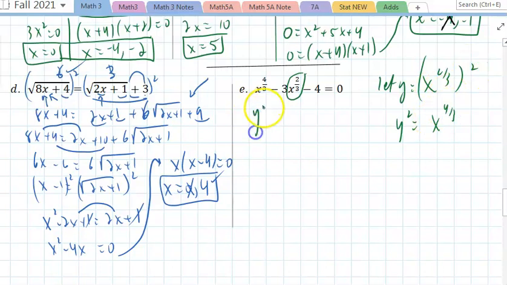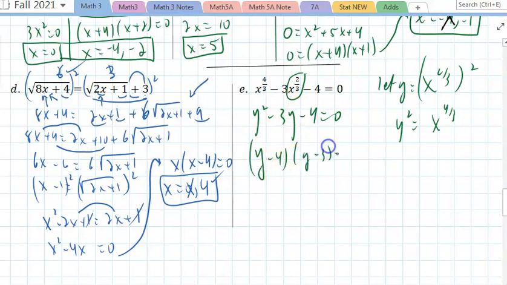So this is like saying y squared minus 3y minus 4 equals 0. This factors y minus 4 times y plus 1 equals 0. So either y equal 4 or y equal negative 1.